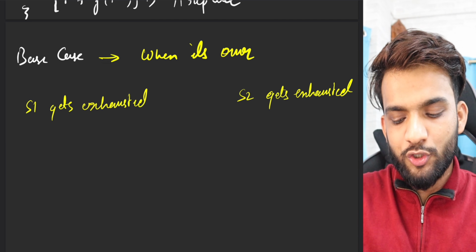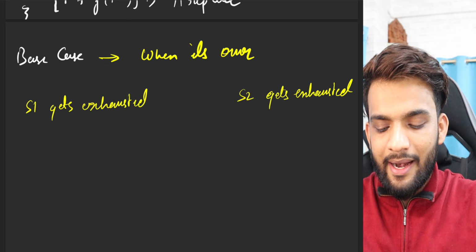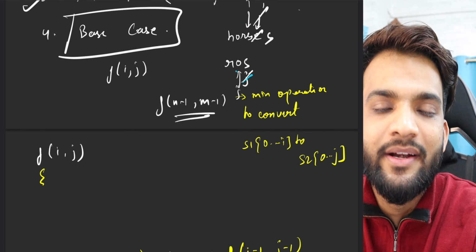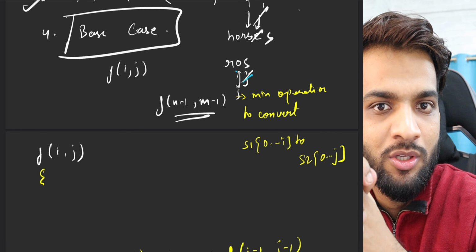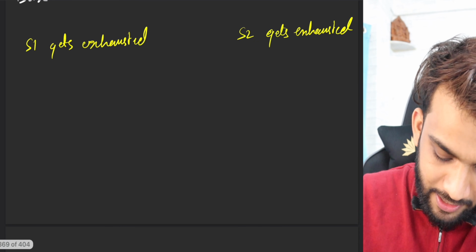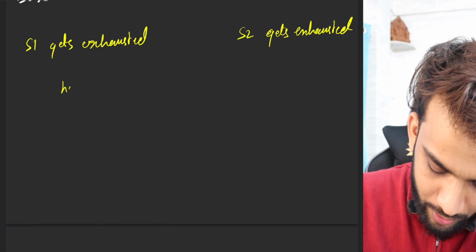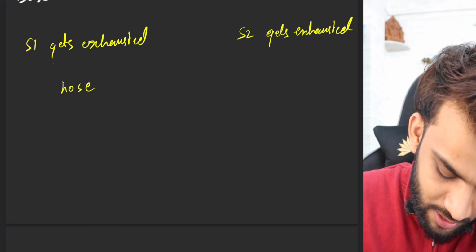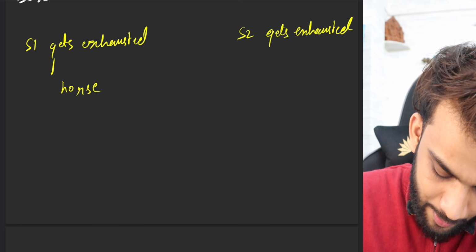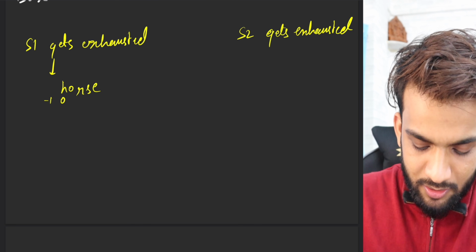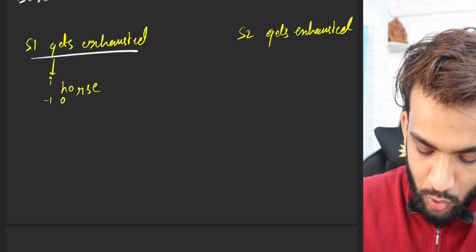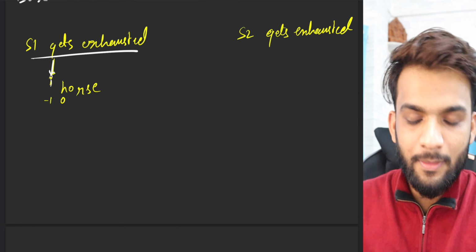Because I know one thing for sure, if I and J are somewhere on a character, we can still do operations. But what if they don't have any characters? For an example, let's take a word as HORSE. And you came over here, which is the -1th index. This is where the I is. That is when I say string 1 gets exhausted, when I is over here.